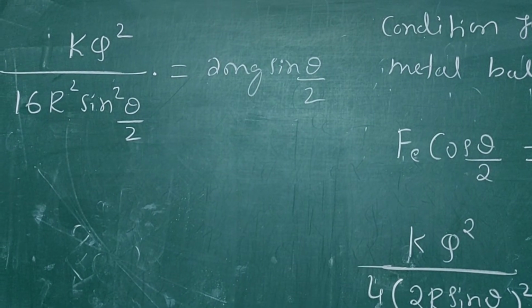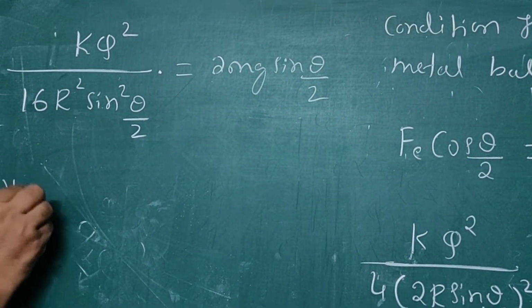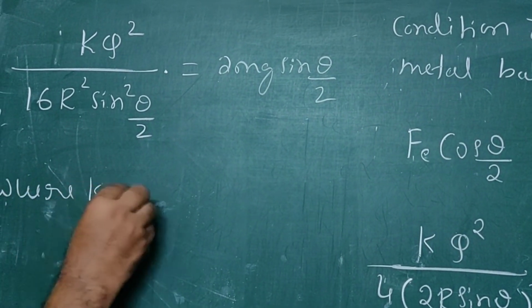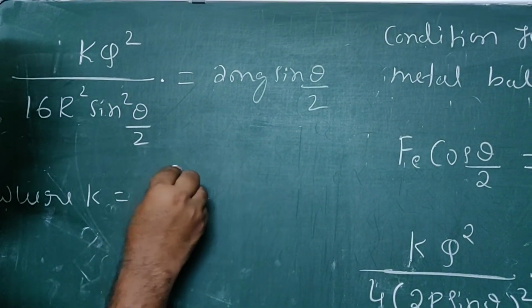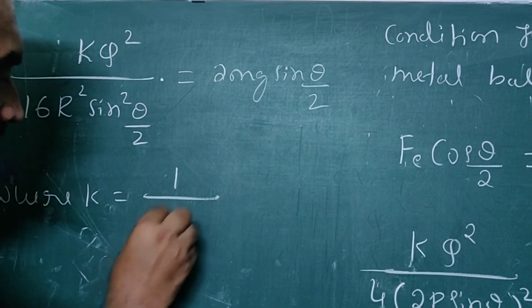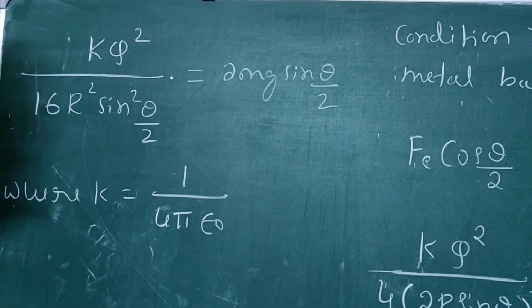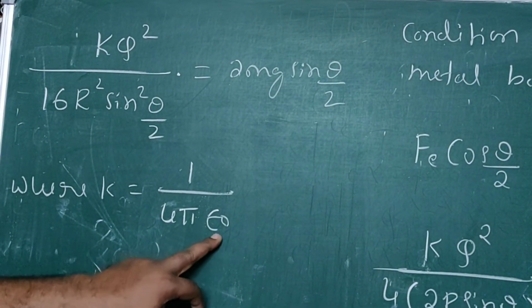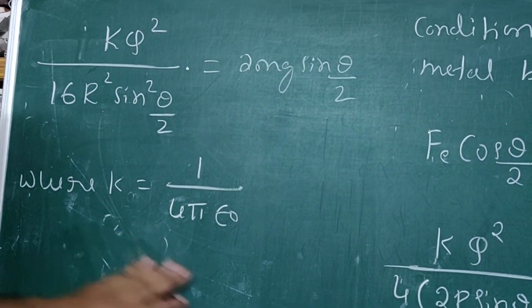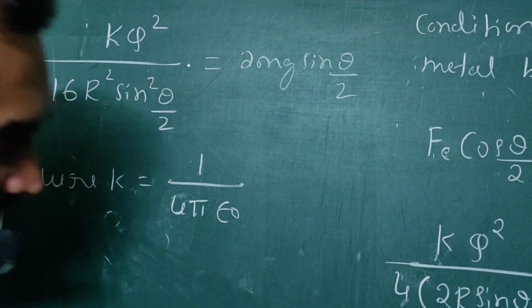Here we can also use the value of the Coulomb constant. This K is the Coulomb constant whose value is equal to 1 upon 4 pi epsilon naught. As you know, epsilon naught is free space permittivity, which is an electrical property of the medium.